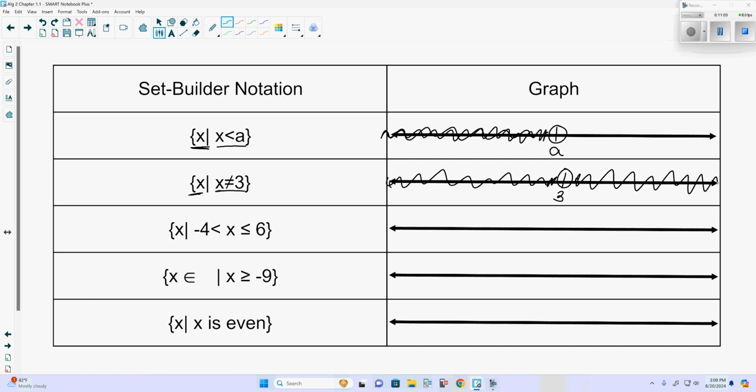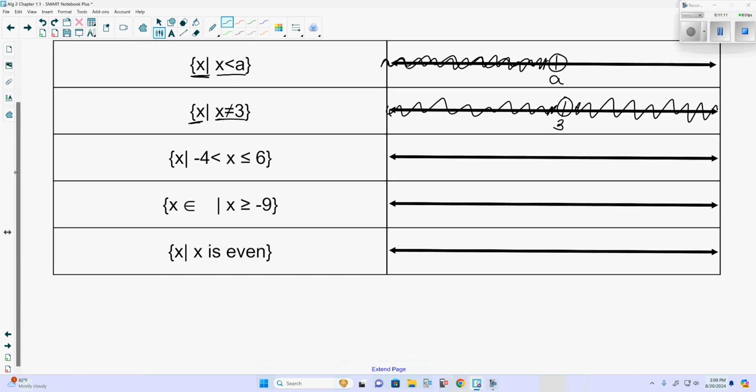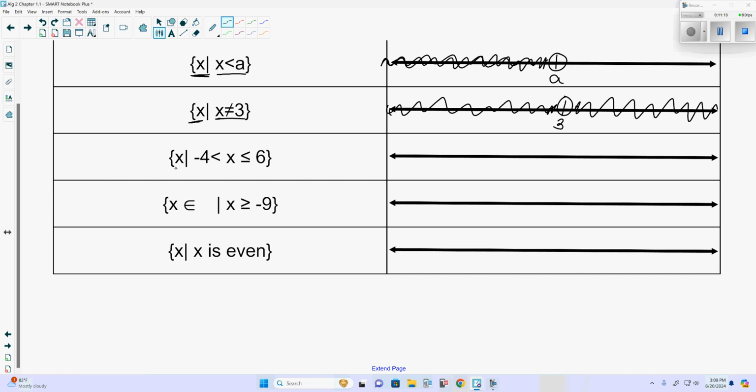Questions on these so far? We ready for the next one? So again, we have brace x bars, which is telling us the set of all real numbers x such that what? X less than x is less than or equal to 6.